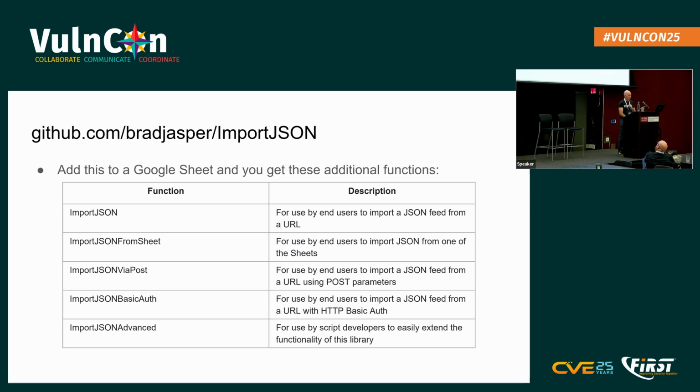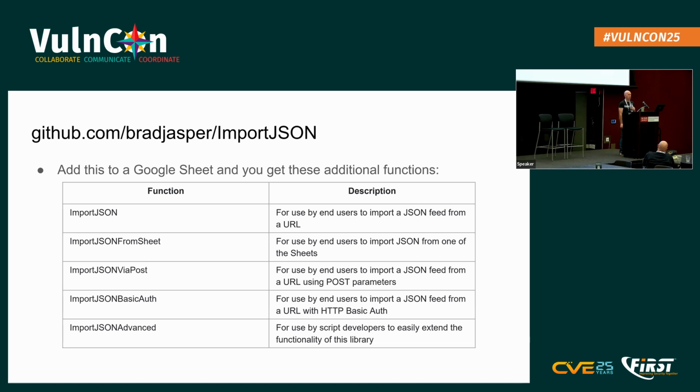So if you add that into the app script for a Google Sheet, that will give you this set of functions here. I usually only play around with the import JSON one, but depending on what your use case is, you can also use the other variations of this as well. I've personally not had a need to, but I can appreciate reasons why you would need either the post one or the advanced one.